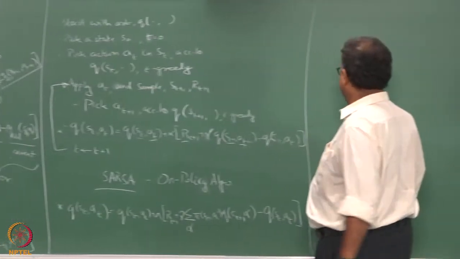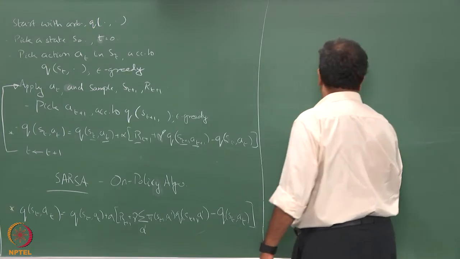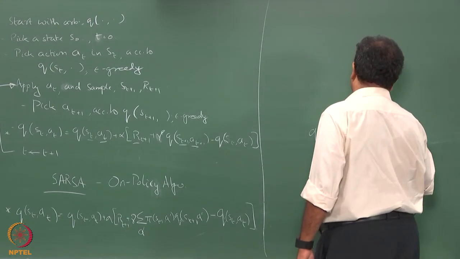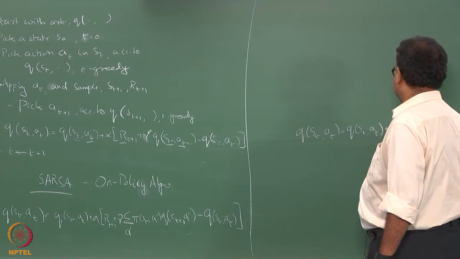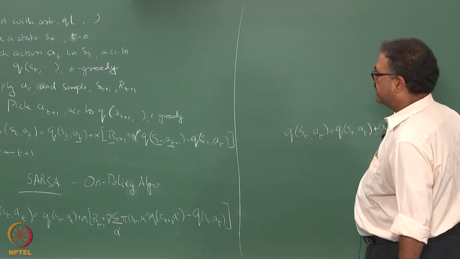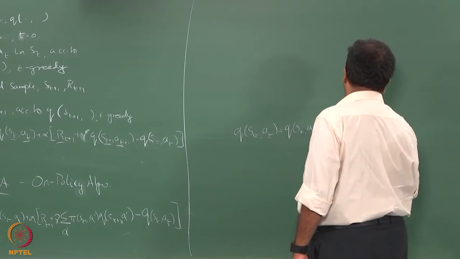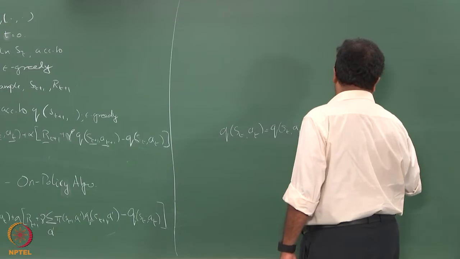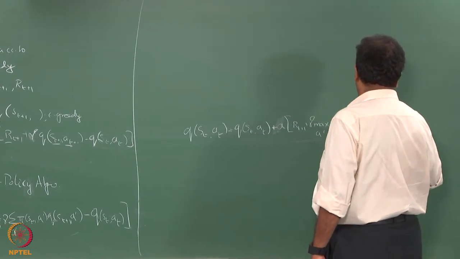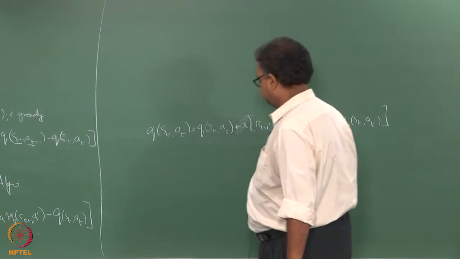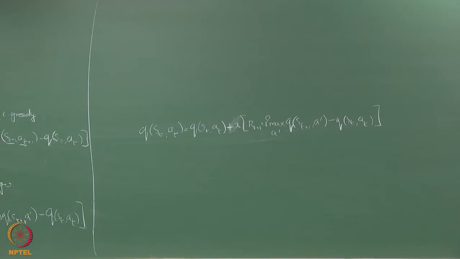So what will be my rule? Target minus current estimate, right.